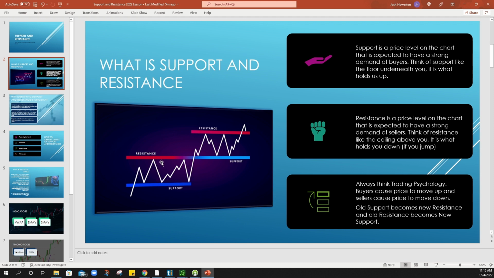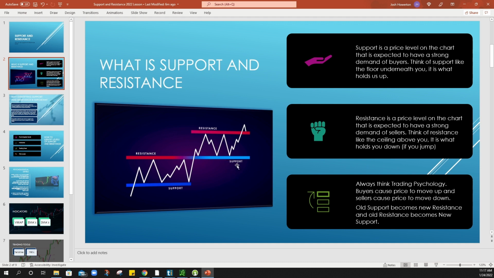But when we can break through that level of resistance and break through that demand of sellers, we can move to the upside. And when we come back down to that old level of resistance, it will turn into new support. So the old ceiling turns into the new floor, and the complete opposite. If we lose a level of support, because there was a strong demand of buyers, we will crack and fall below the floor.